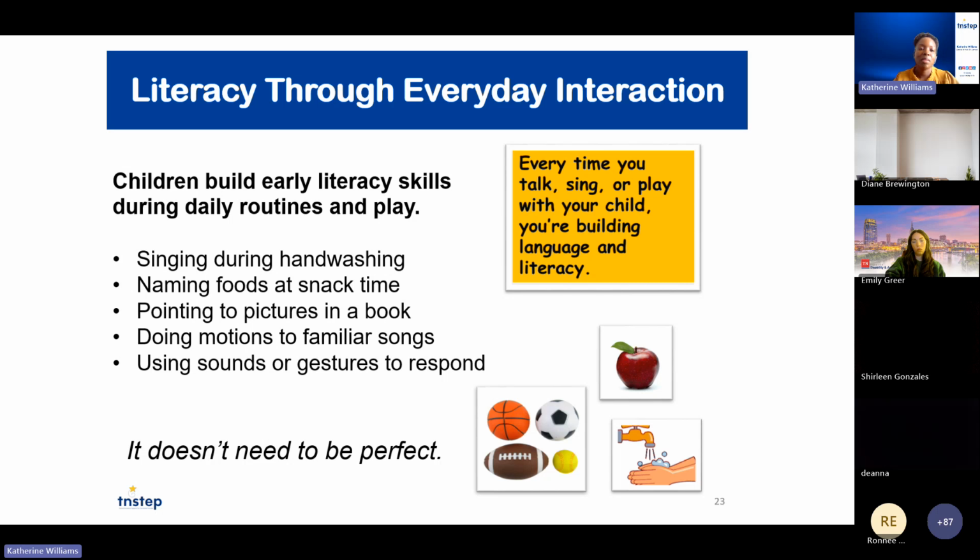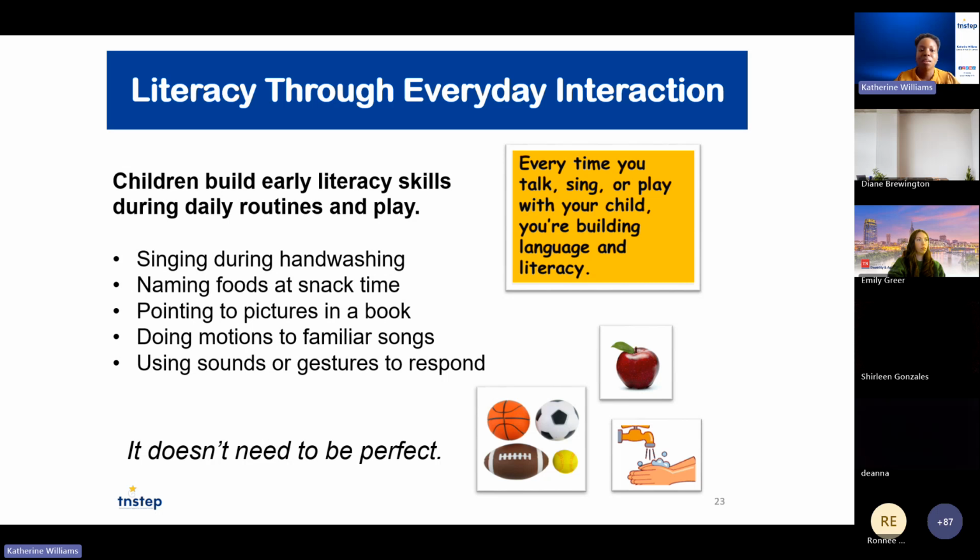So you can build literacy through everyday interactions, from singing during hand washing. So it does not have to be any sort of formal song. I make up random songs all the time, and then I don't remember them the next day, but my kids, they absolutely love it. Naming foods at snack time, of course, very obviously pointing to pictures in a book.